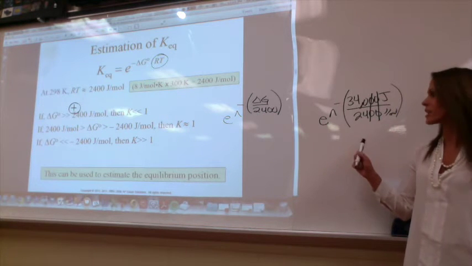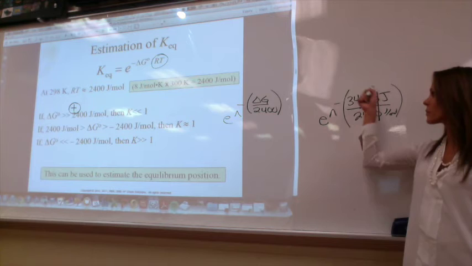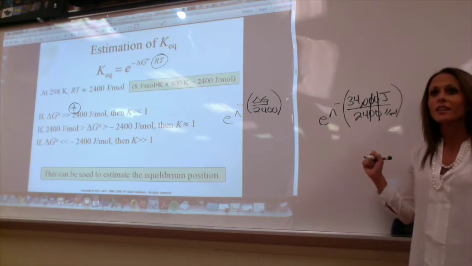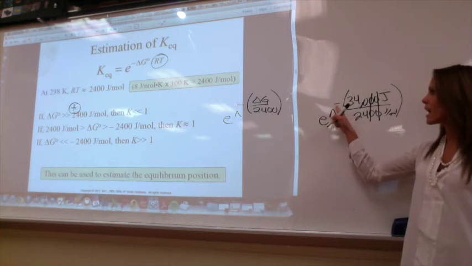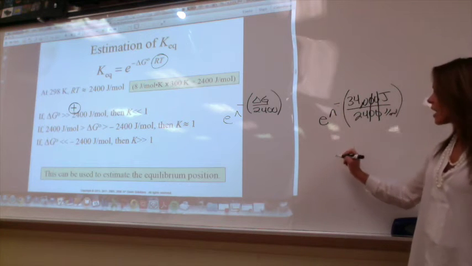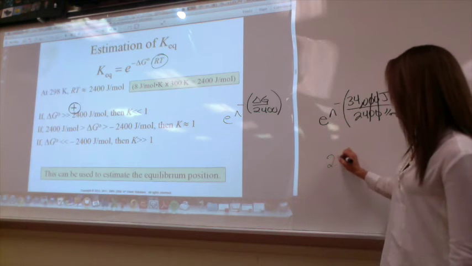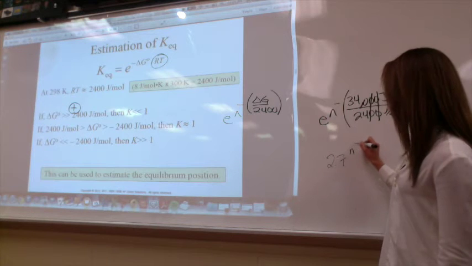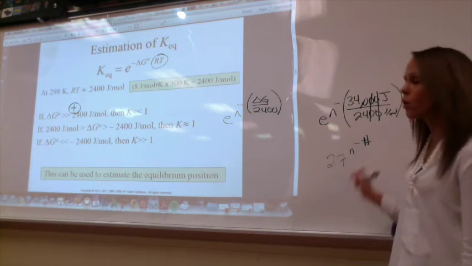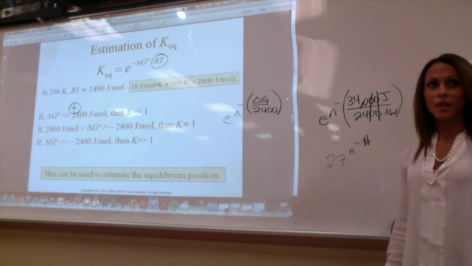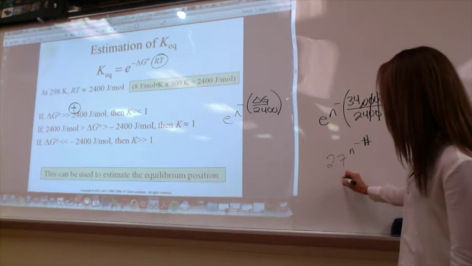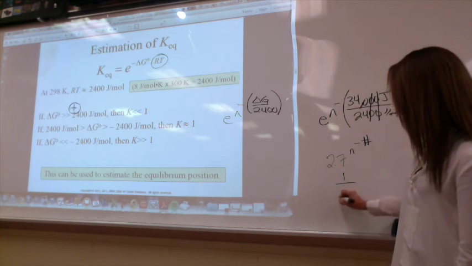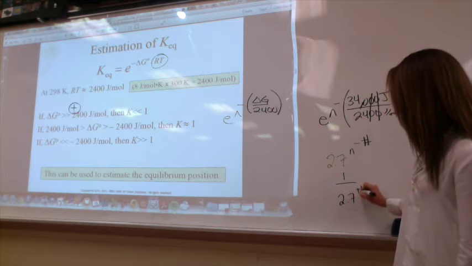My point to this is that you know this number is greater than 1, right? So if I have a negative here, I'm saying this is 2.7 raised to the negative number. That's really just like 1 over 2.7 to some number.